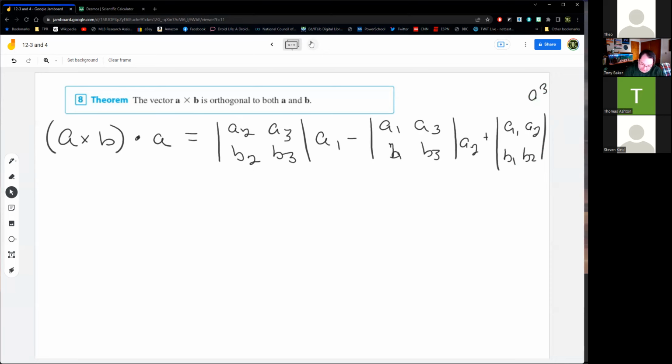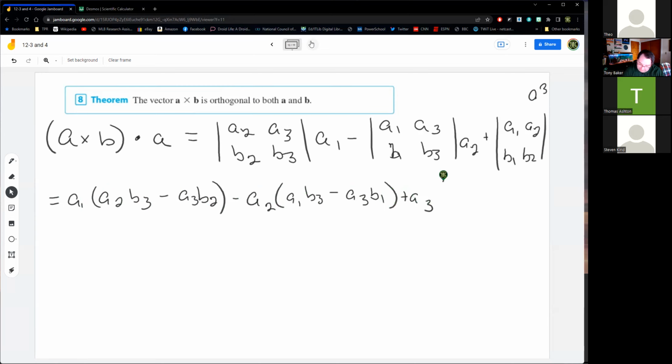All right, so if we multiply these out, I've got A1 times A2 B3 minus A3 B2, minus A2 times A1 B3 minus A3 B1, plus A3 times A1 B2 minus A2 B1.